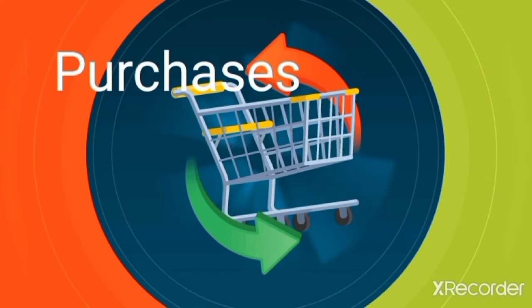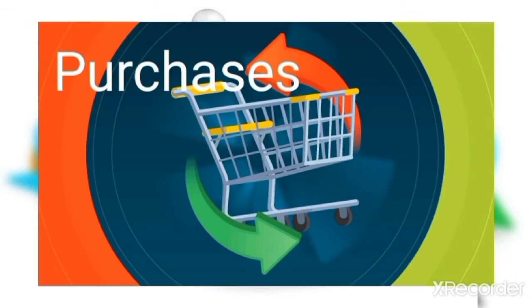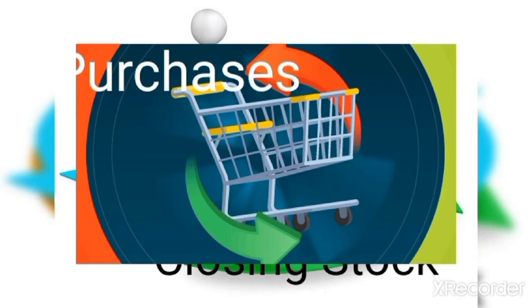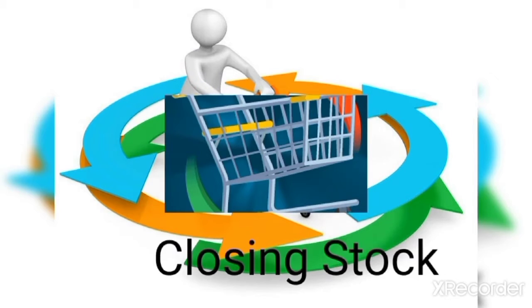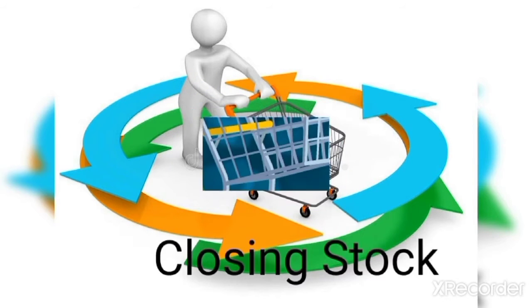Purchase is referred to as the goods bought and added to the opening stock. When you add your purchase to the opening stock, it will enable you have the cost of goods available for sales. When you have the cost of goods available for sales, it will lead you to closing stock. Closing stock here refers to the goods available at the end of the financial year.